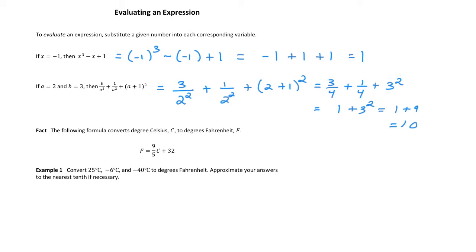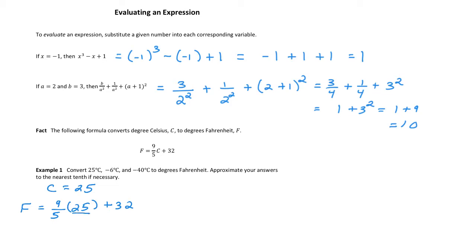So starting with 25 degrees Celsius, I'm essentially saying c is equal to 25. Then I refer back to the formula, and wherever I see the letter c, I'll put 25 in place of it. Okay, so now all I need to do is simplify 9/5 of 25 plus 32.